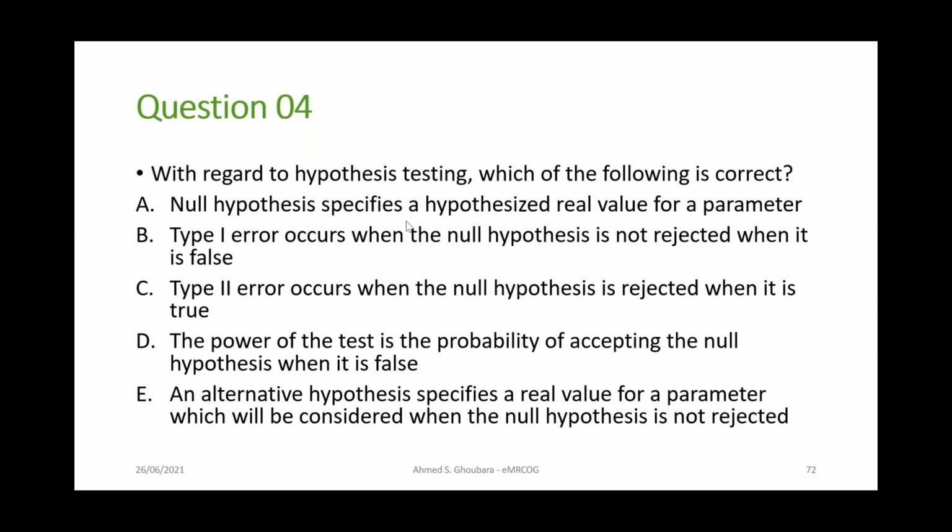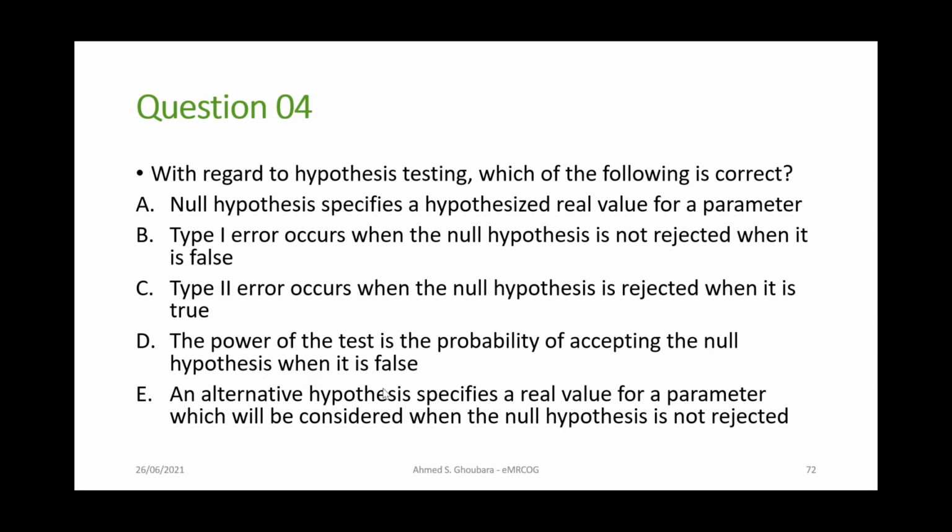Null hypothesis specifies a real value for a parameter. Type 1 error occurs when the null hypothesis is not rejected when it is false. Type 2, when the null hypothesis is rejected when it is true. The power of the test is the probability of accepting the null hypothesis when it is false.